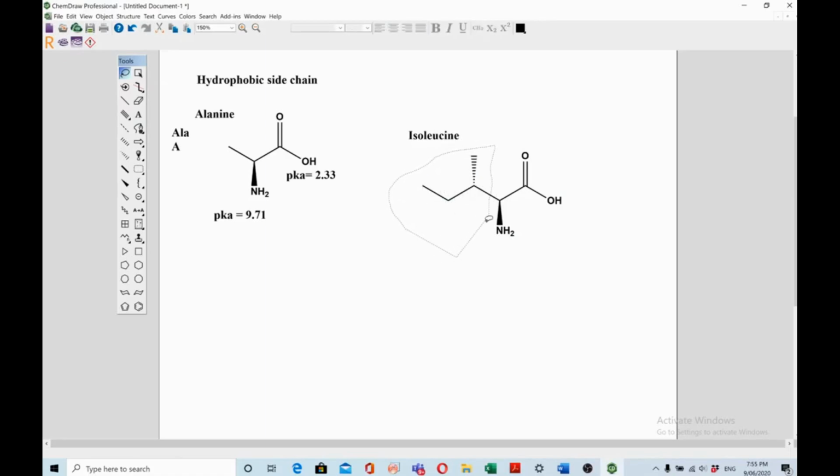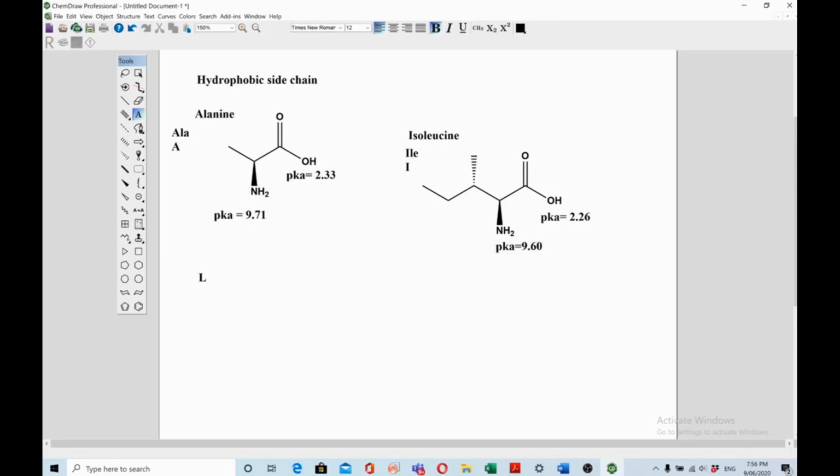This part does not like water, for example, it is insoluble in water. That's why it's hydrophobic. Next is ILE, one-letter code I, and the pKa for the acid group is 2.26, and the pKa for the amino group is 9.60.